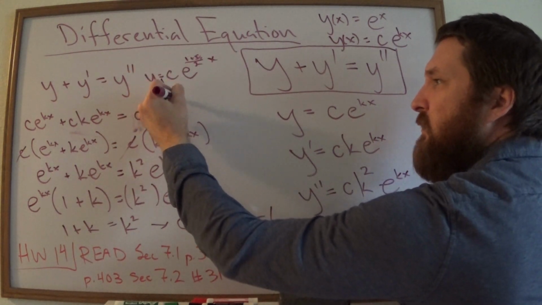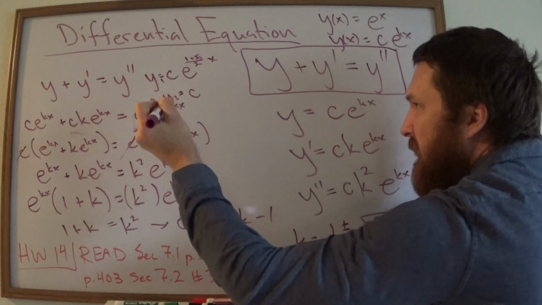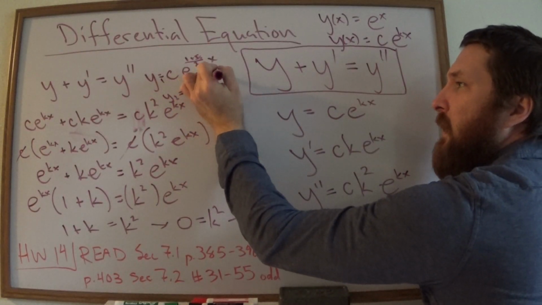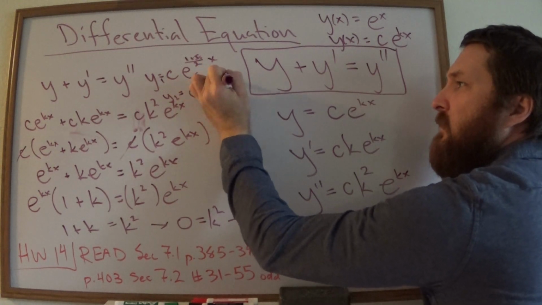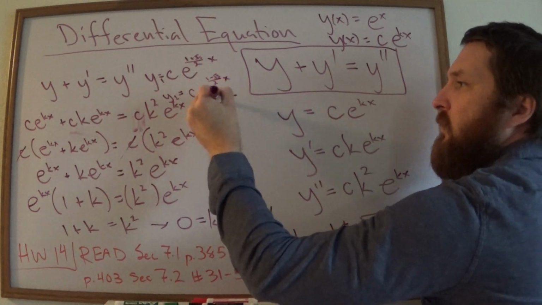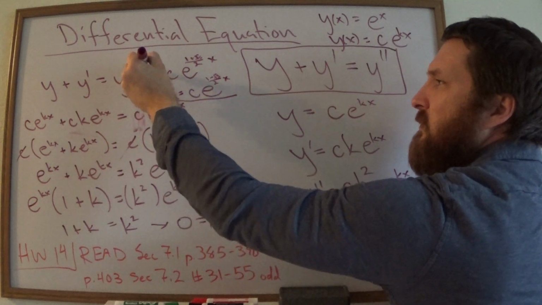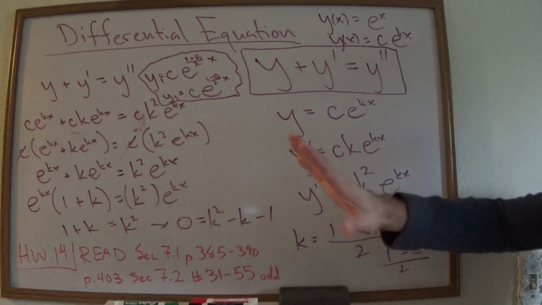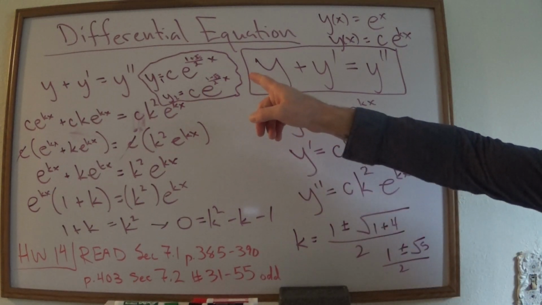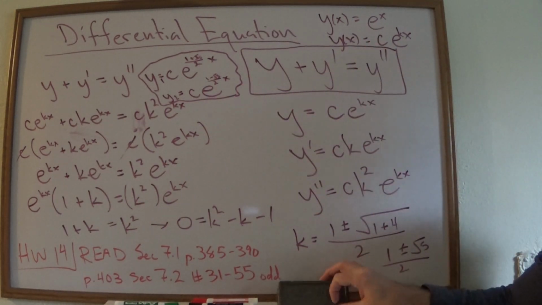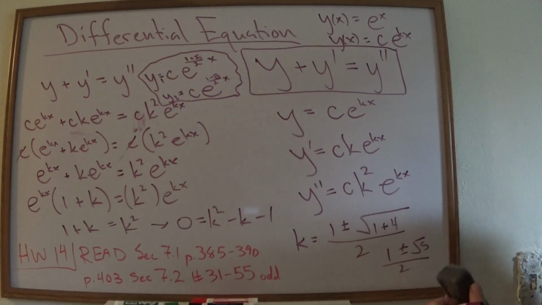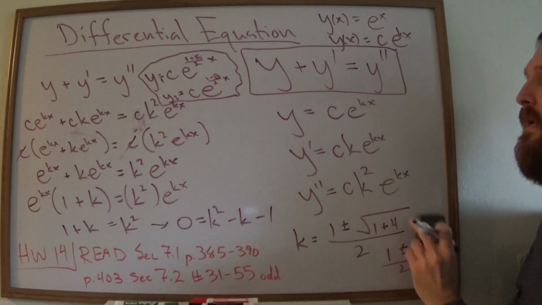Your other solution is going to be any number times e to the 1 minus root 5 over 2 times x. And so we have these two solutions. Actually, infinitely many solutions, and you could go back and check this if you wanted to. In fact, let's just do that. Let's take C1 and make sure that it obeys this right here.